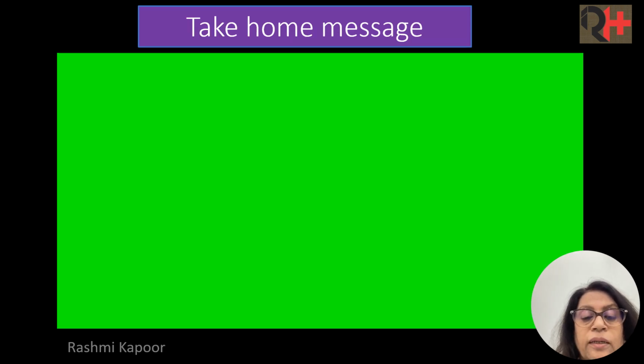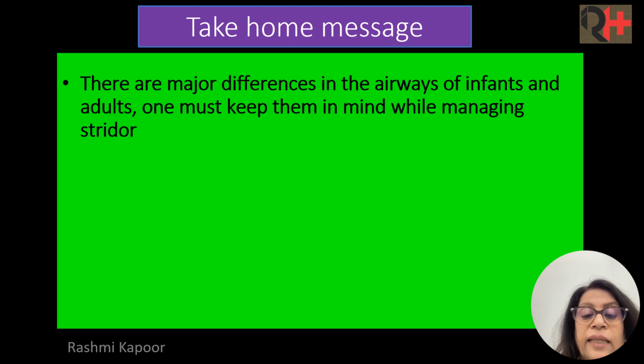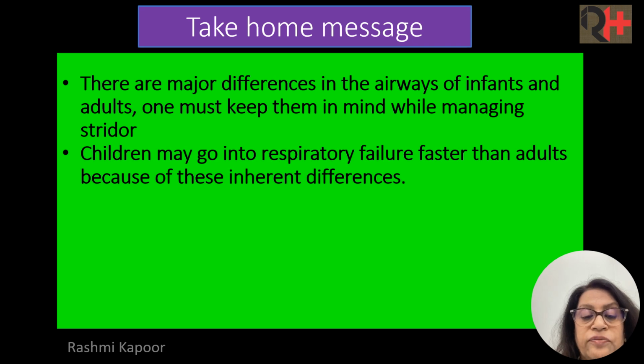So again, the take home message is infections are an important cause of stridor in children, and there are major differences in the airway of infants and adults, and one must keep them in mind while managing stridor of a child.